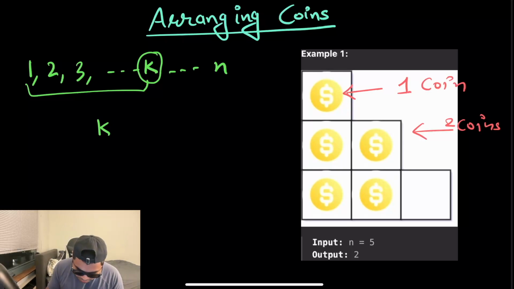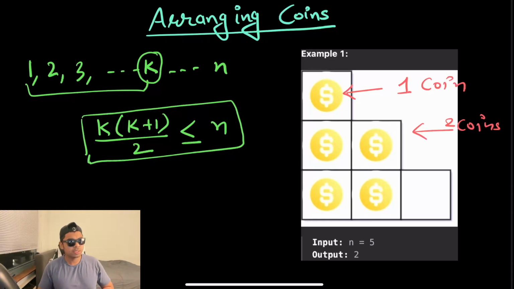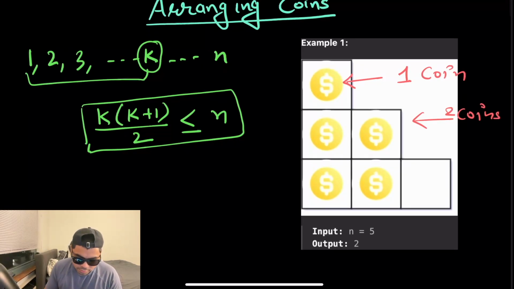But the sum here, k into k plus 1 by 2, would still be less than or equal to n. This is a really important condition that we will keep checking in order to find k, and we're going to find that k using binary search.